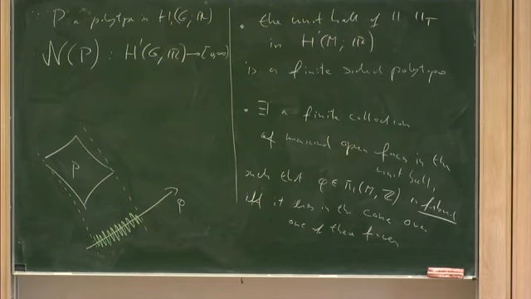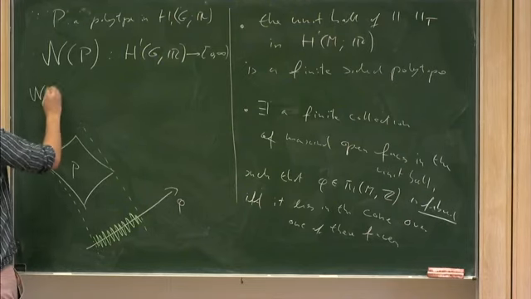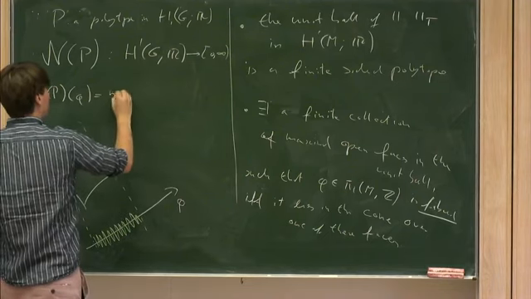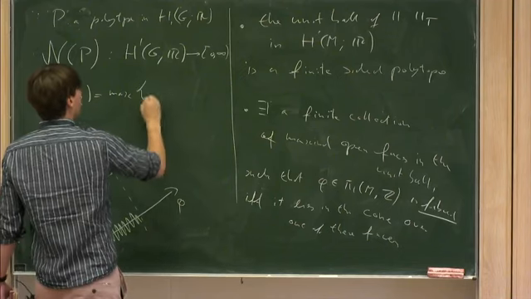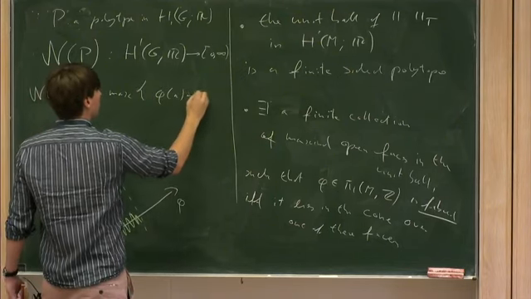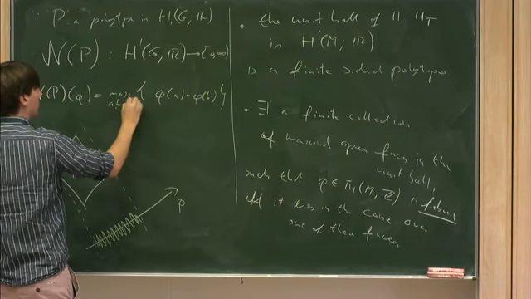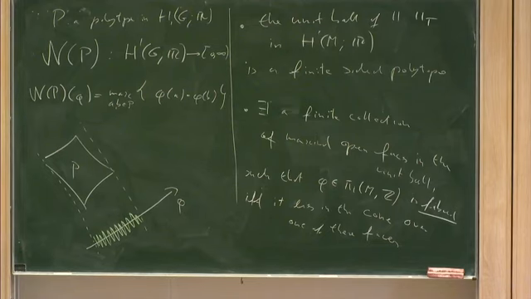This is the norm map. Formally speaking, N_P of phi is the max of phi of a minus phi of b, where a and b lie in P. This is the correct picture to have in mind. I took a polytope, and now I measure how thick it is with respect to a given direction. That's the norm map.